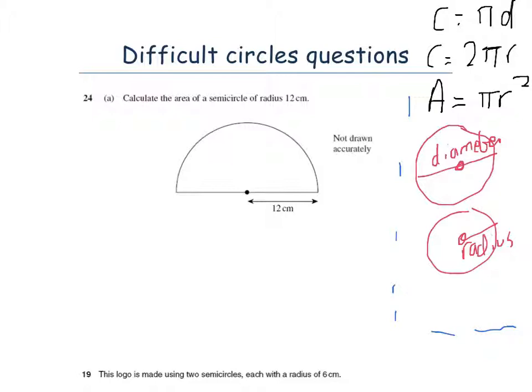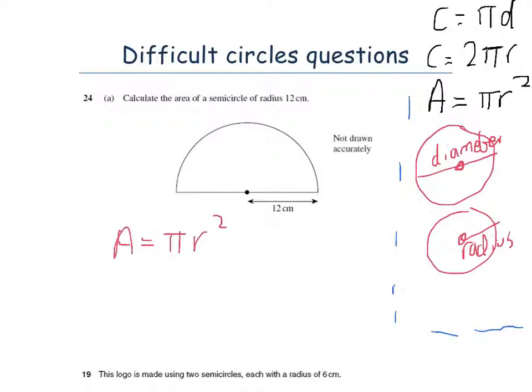Both of these questions are exam questions. It says calculate the area of a semicircle of radius 12 centimetres. The first thing we need to ask ourselves is, are we finding circumference or area? We're asked to find the area, and we only knew one equation to use when finding the area, so we're going to use area equals pi r squared.